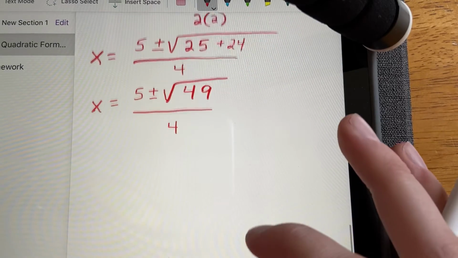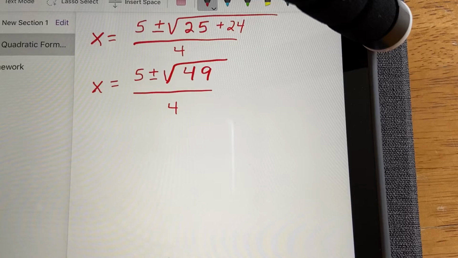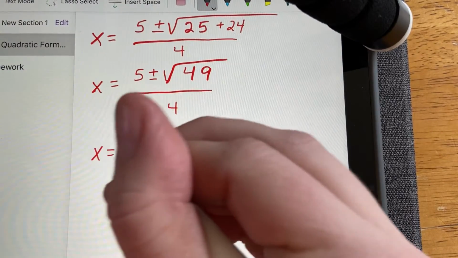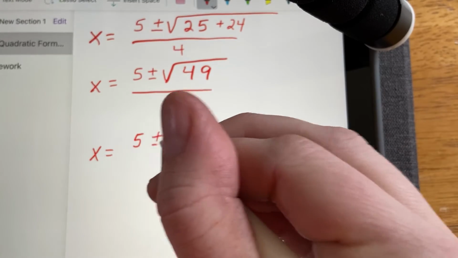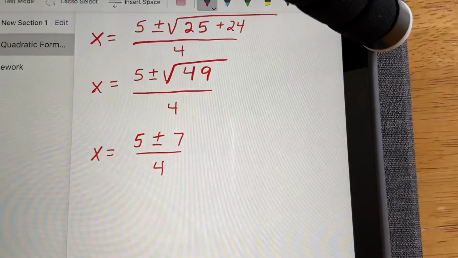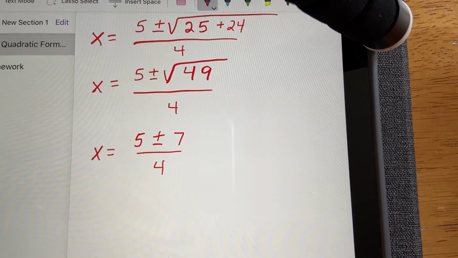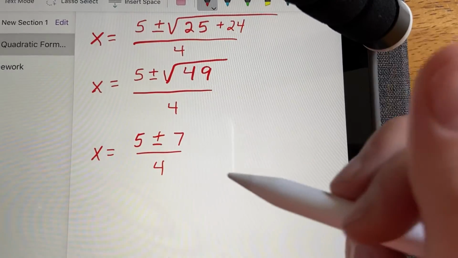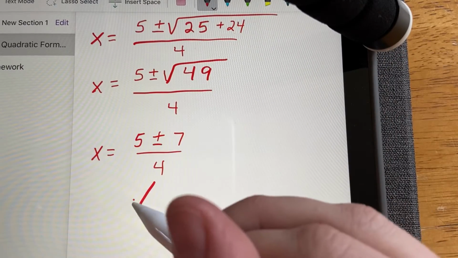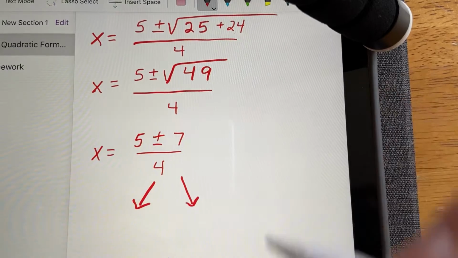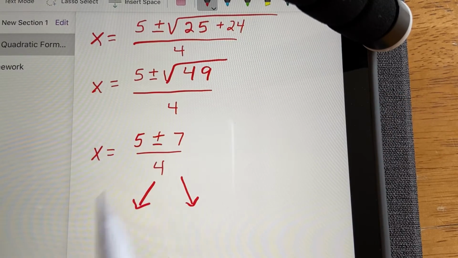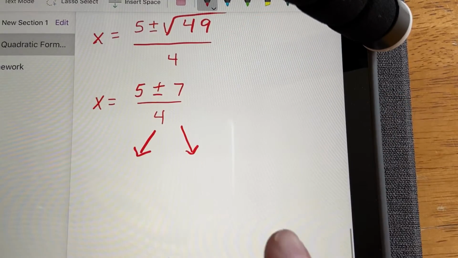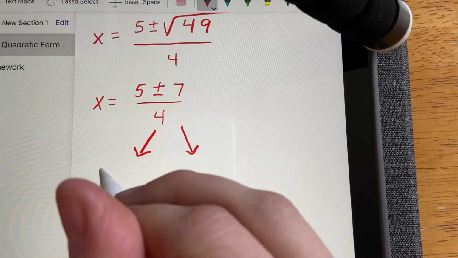So I have a few more steps than I did on the previous one. Let's simplify the square root of 49. It's going to look like this: x equals 5 plus or minus 7, over 4. When your problem breaks down like this, we can split it up into 2 different parts. I like to draw arrows to show how we take this plus or minus sign and split it into one that's plus and one that's minus.